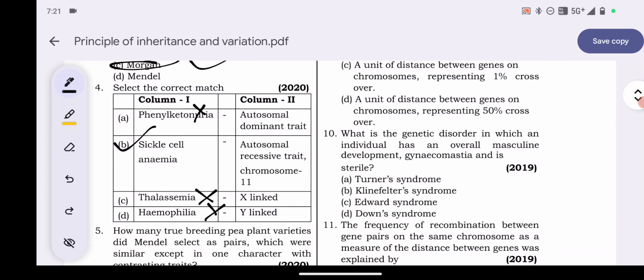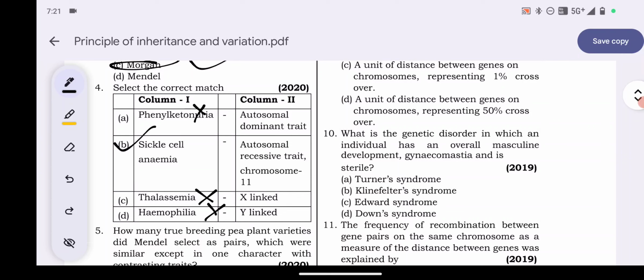Question number 11. The frequency of recombination between gene pair of the same chromosome as a measure of the distance between genes was explained by T.H. Morgan, Gregor Johann Mendel, Alfred Stuart Sturtevant, and Sutton Boveri. Here the answer will be option number C, Alfred Stuart Sturtevant.